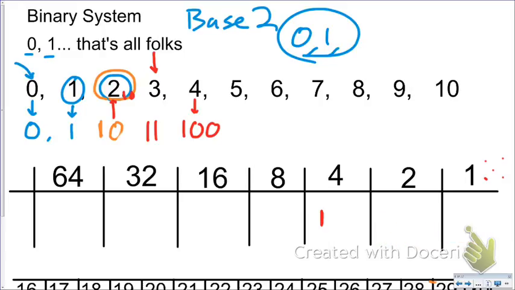I'm sorry, 5 things, and so I can put them into one group of 4. There are no groups of 2 at this point, but then there is a single 1 left over. So 101 represents the base 5.